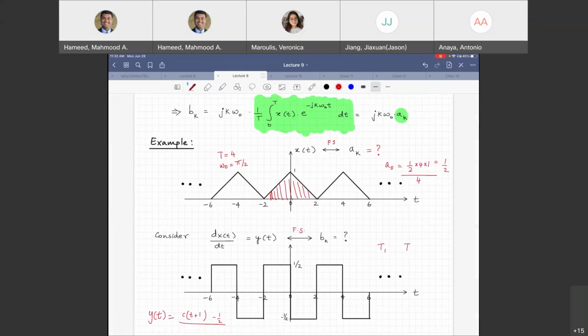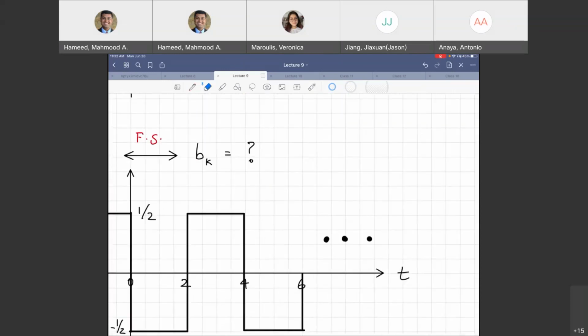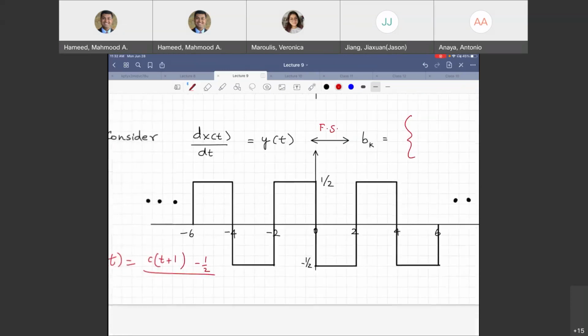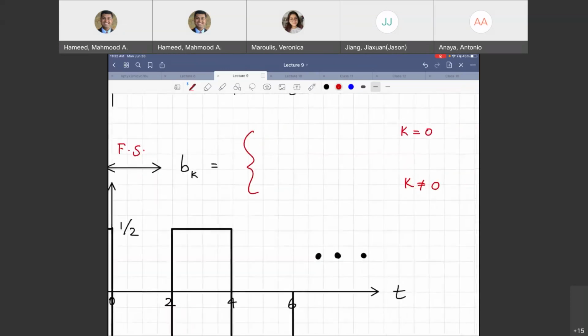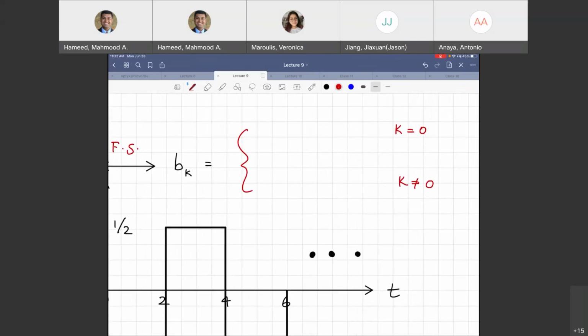Yeah? Now let's write bk. What would be bk? Let me erase all of this now. c of t plus 1 minus half. What would be bk? Because of that minus half, let me write it in two cases, bracket notation: k equals 0, k doesn't equal 0. When k equals 0, what is it? c of t plus 1, right? c of t plus 1 will give you what?